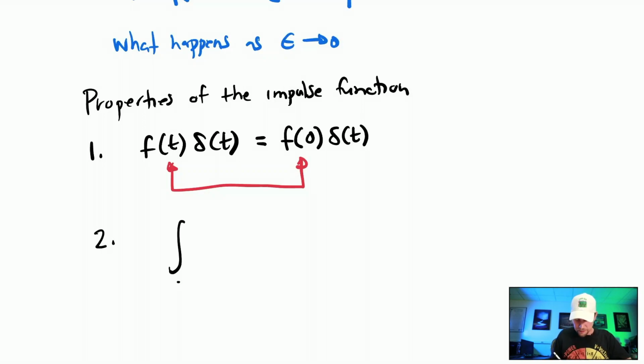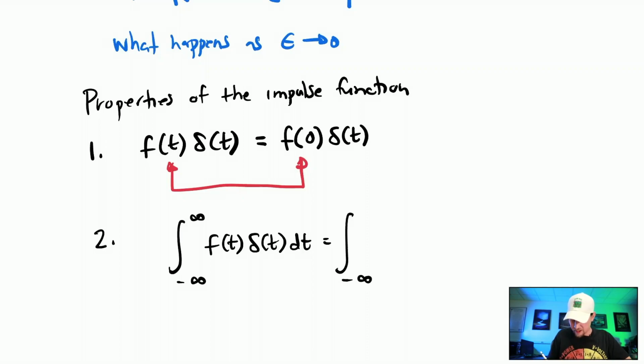Well, if I integrate from minus infinity to infinity of f of t times the delta t, as we mentioned just a second ago, this is the same as the integral from minus infinity to infinity of f of 0 times the delta dt. F of 0 is constant.